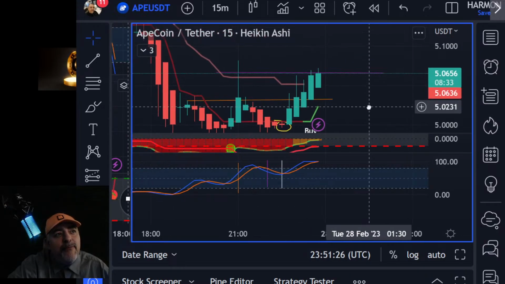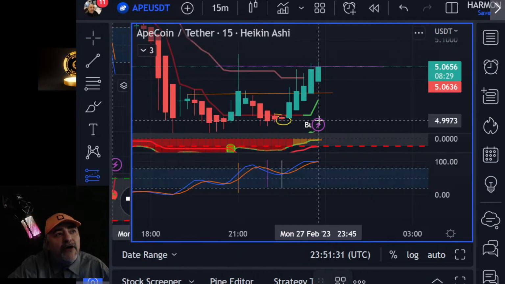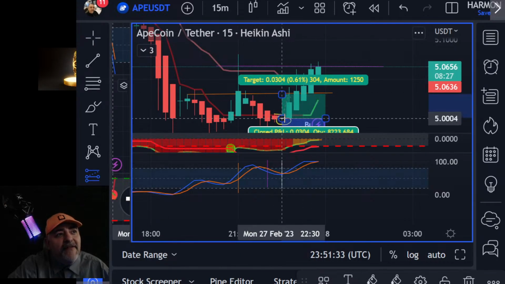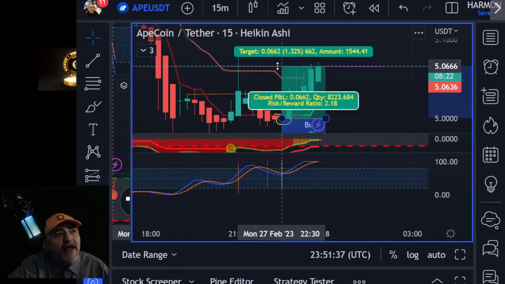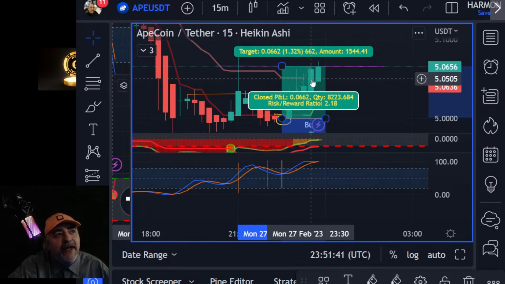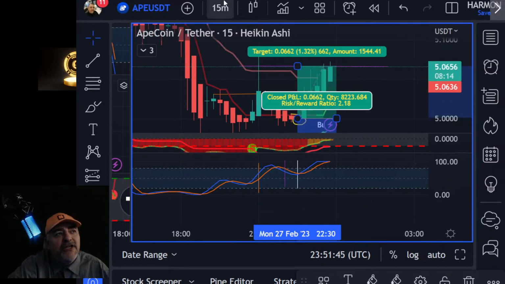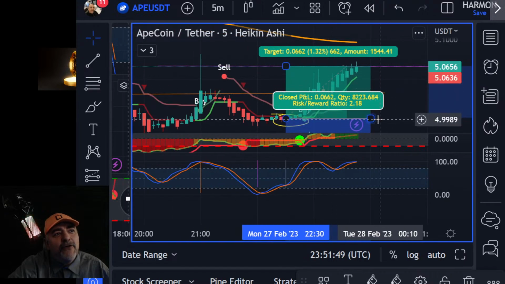If we did that properly by posting in the Discords as soon as the 1 hour happens, we would have been on this trade right now at that candle, and you would be sitting right now with a 1.32% winning trade, and it's still going to pull back right here and still push. So there's plenty of room here for this to make more money until the 5 minute trend goes green.